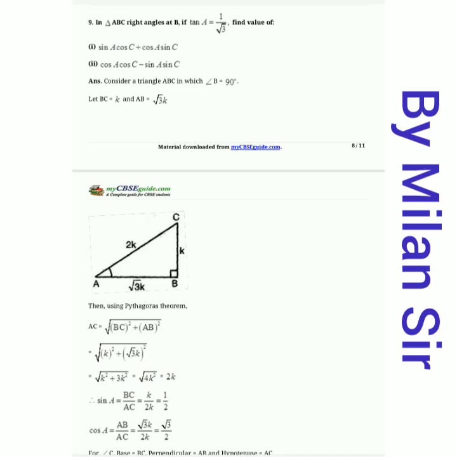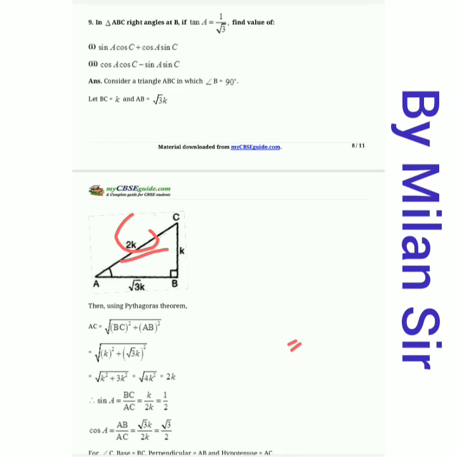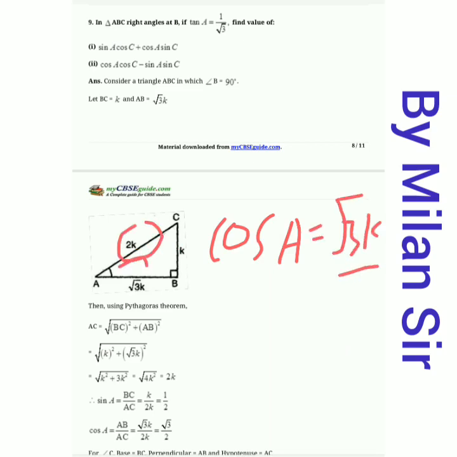Right? Then find sin A, cos A, sin C and cos C. So sin A, opposite upon hypotenuse, so k by 2k, k cut, 1 by 2. Then cos A, adjacent upon hypotenuse, adjacent under root 3k and hypotenuse 2k, k cut, under root 3 by 2.